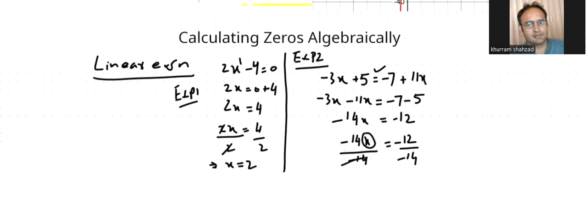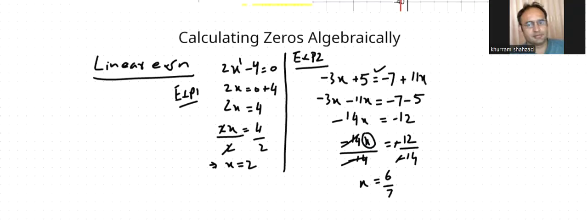So x is equal to, the negative sign is cancelled, so it will make it positive, and 12 over 14, this is equal to 6 over 7. You can also write this answer in decimal. So this is the way to calculate the zeros for the linear function or equation of the first degree.